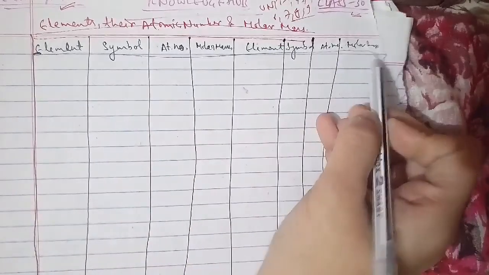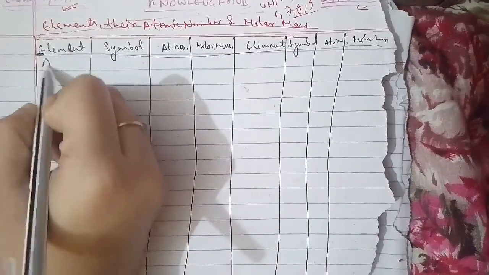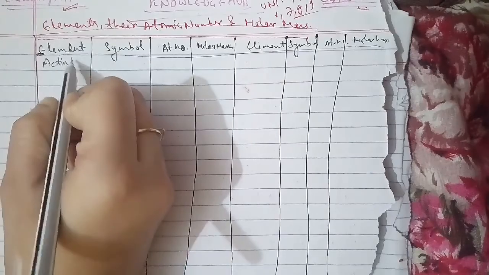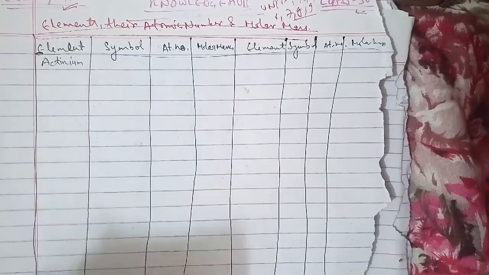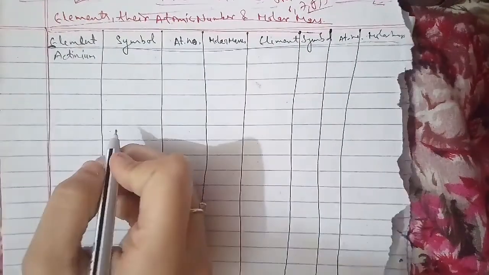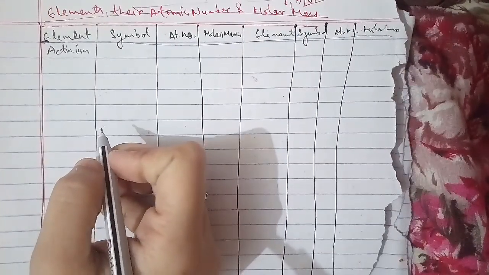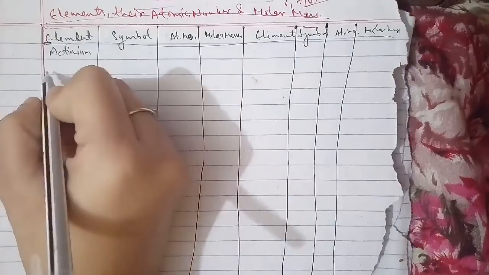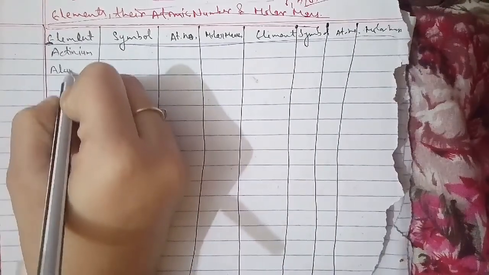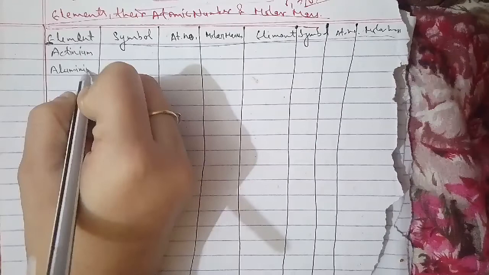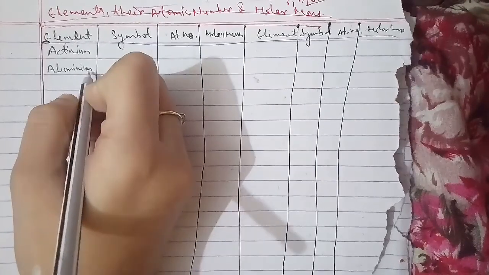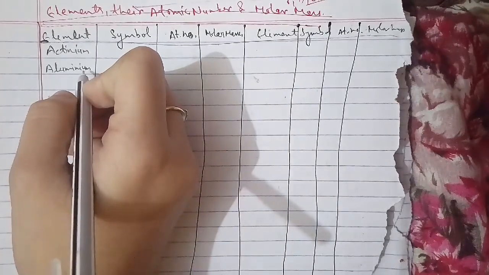We have actinium. Then we have another element, which is aluminium. Then we have americium.